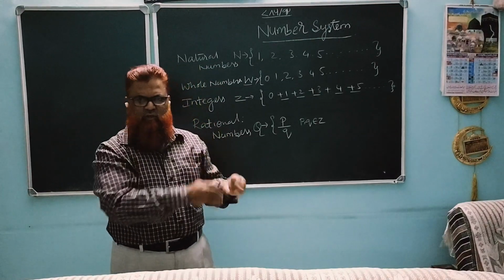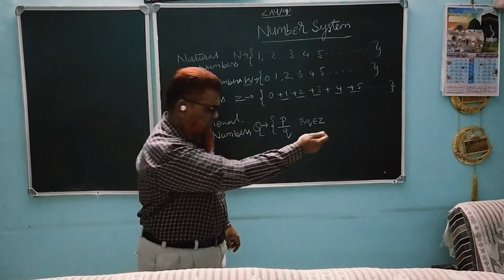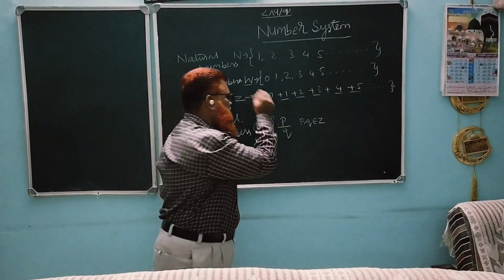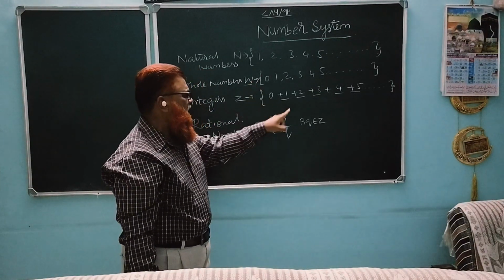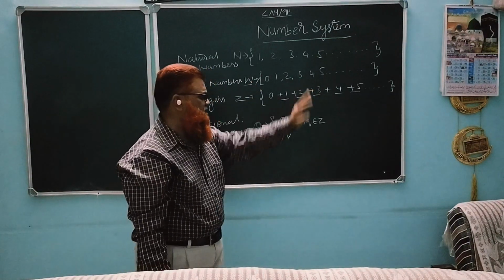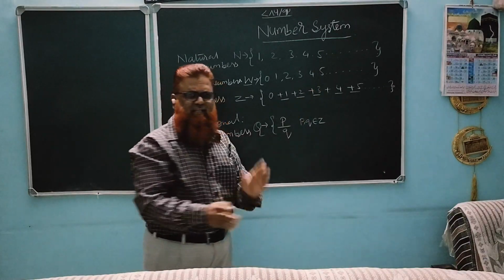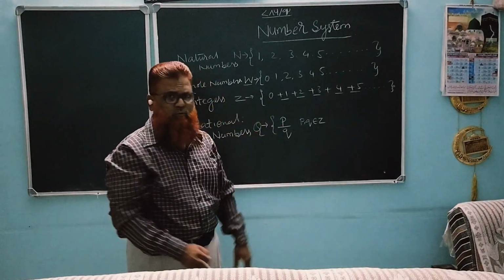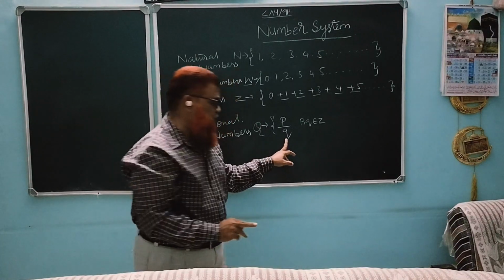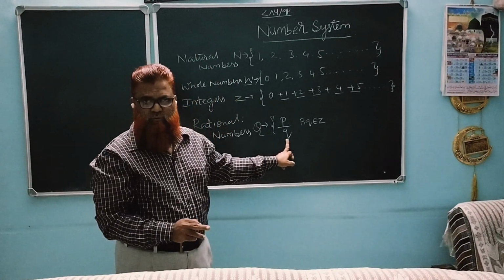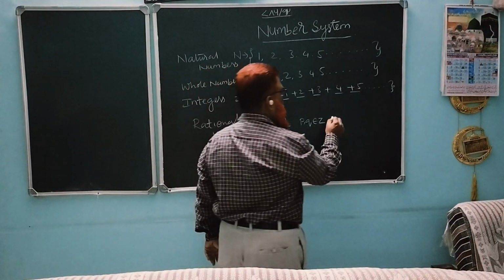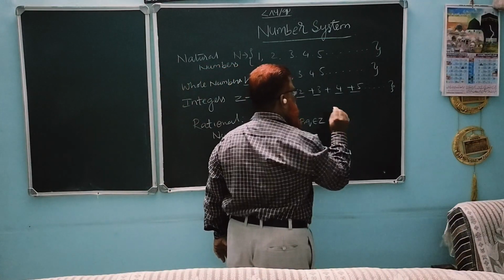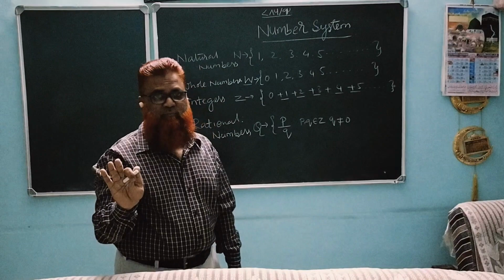You can pick out, take and drag, and put here either one as p, another as q. Plus 2, plus 3, plus 5, minus 7, minus 8, anything you can write in the form of p by q. But in the q, that is, the lower part, q must not be equal to 0. That means q should be non-zero.